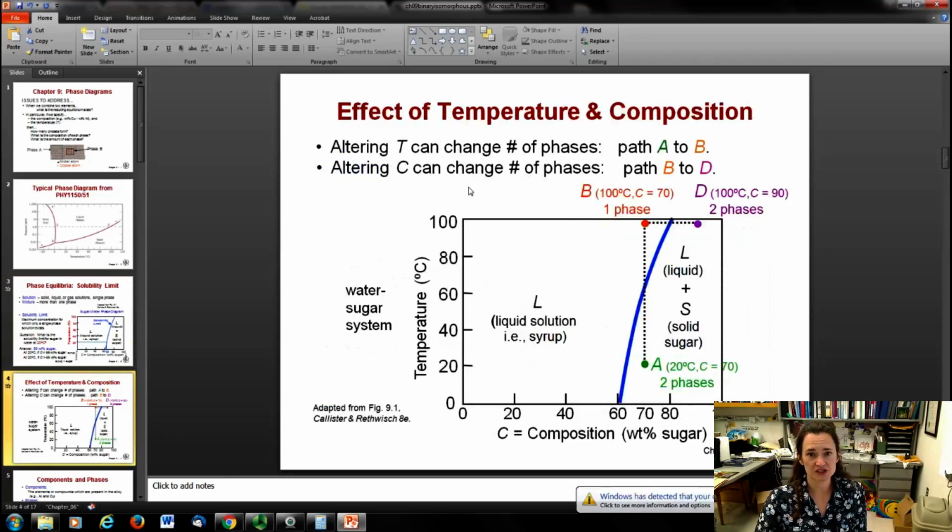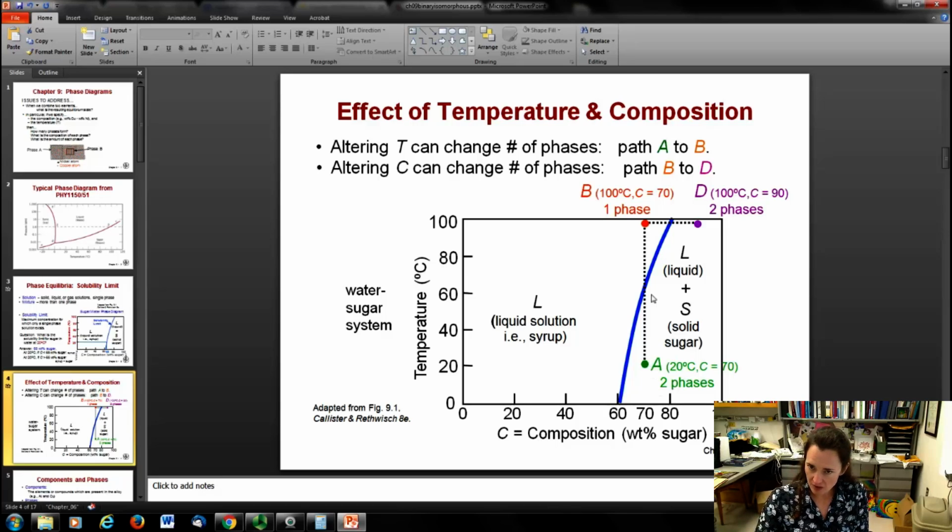So basically, you're in a situation where if you alter your temperature, you can change the number of phases. So for example, if you go from A to B here, you're starting at a temperature of, say, 20 degrees Celsius with 70 weight percent of sugar, and you've got two phases. You've got your liquid and your solid precipitates.